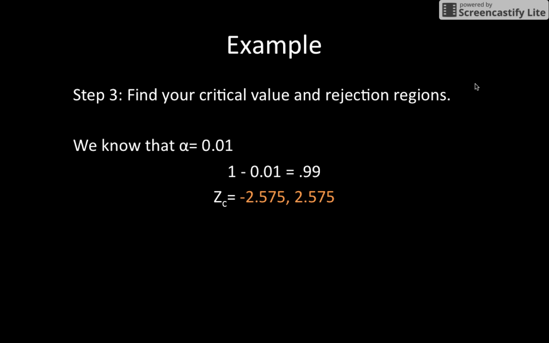Since your hypothesis is equal to and not equal to, it's two-tailed, which is why there are two critical values. You have your negative 2.575 and your positive 2.575. So your rejection regions are written as z is less than negative 2.575 and z is greater than 2.575.